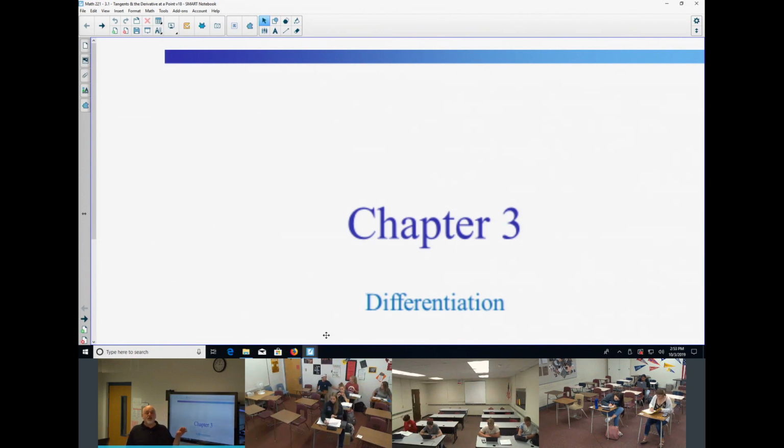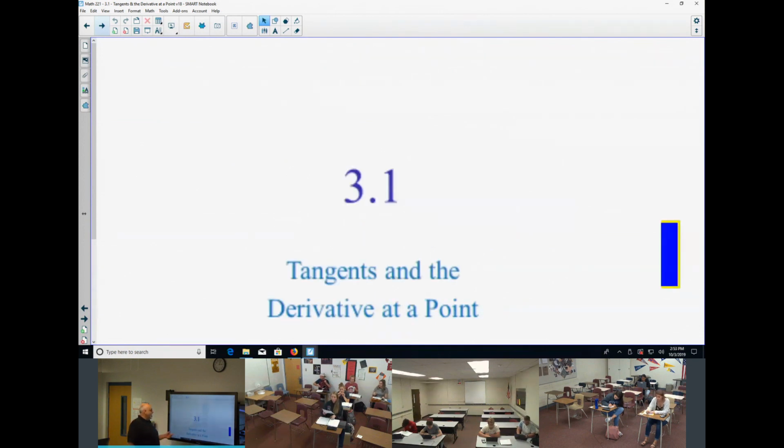And this was sort of like the really big idea in the first quarter of the calculus class. Like I said, everything sort of builds to this topic. It's sort of like an intro. We're going to talk about tangents and the derivative at a point. So this is 3.1.